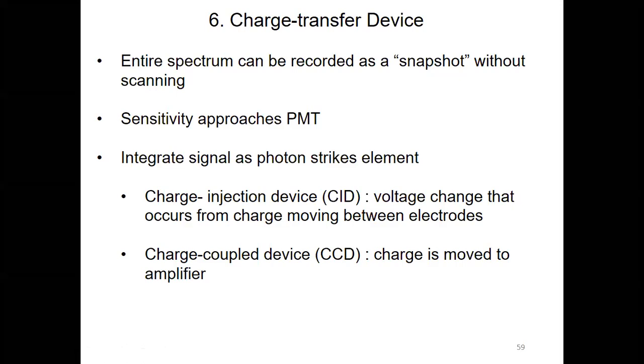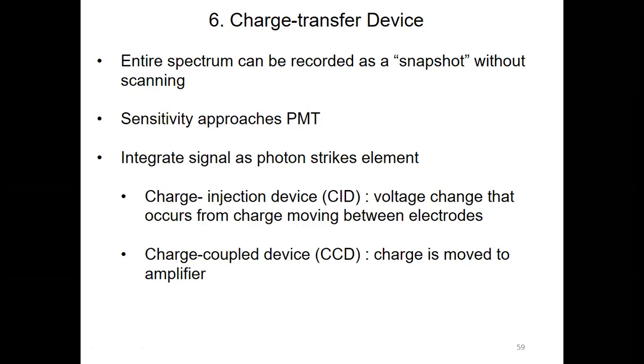So in photomultiplier tubes, we take the spectrum as we go through the wavelength range, we scan it and get the spectrum. But in the charge transfer device, it is not required to scan. Instead of scanning, we take a snapshot.